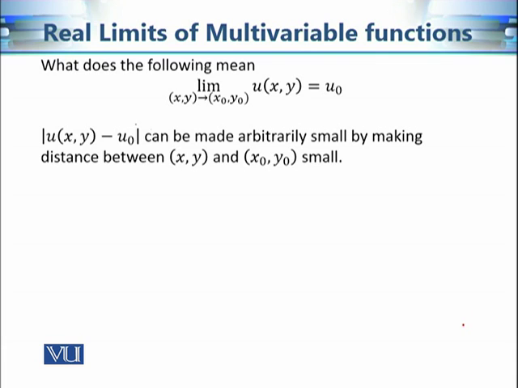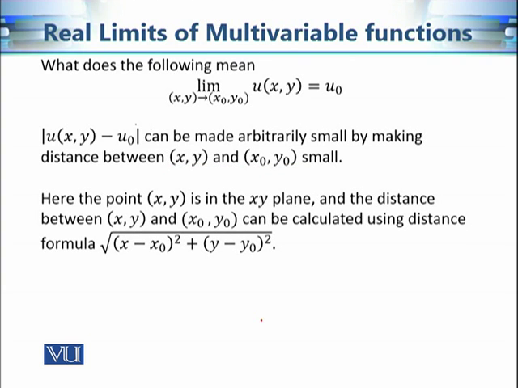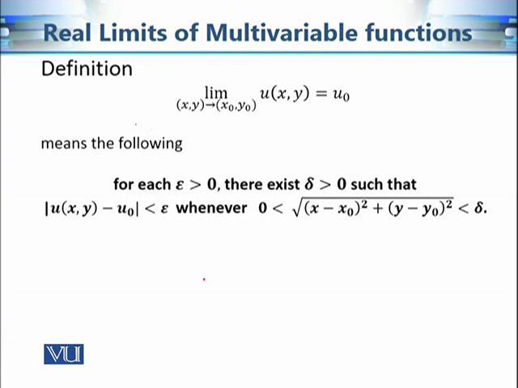More precisely, the distance u of xy minus u0 can be made arbitrarily small by making the distance between xy and x0, y0 small. This distance is getting smaller and smaller when that distance is getting smaller and smaller.